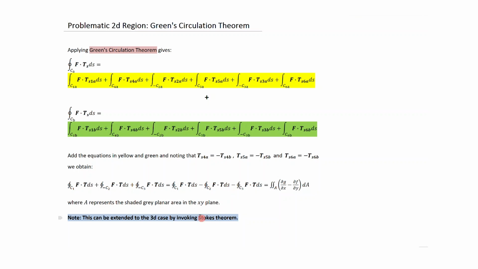Now we can take this concept and extend it to the 3D case by invoking Stokes' theorem. The only difference in this case is that we'll be dealing with areas that are curved surfaces, and with contours which are not on a plane but lie on a curved surface. So it can be easily extended.